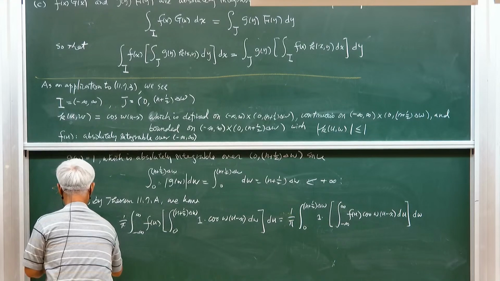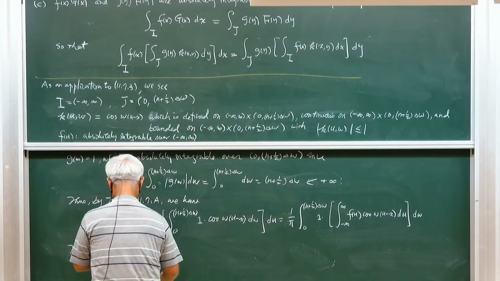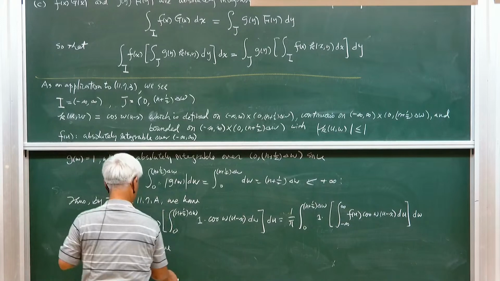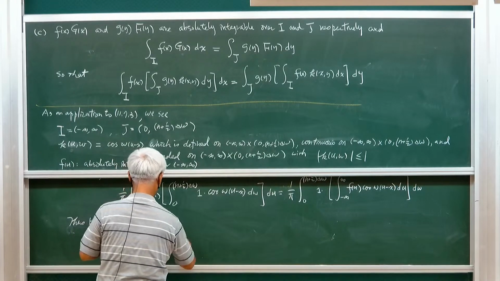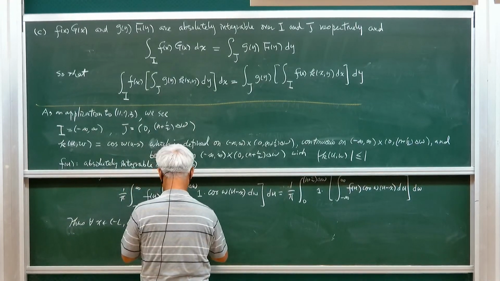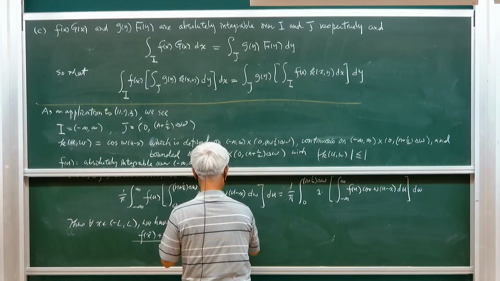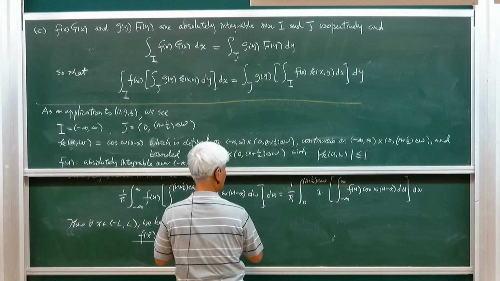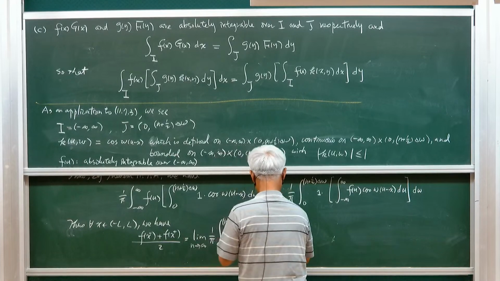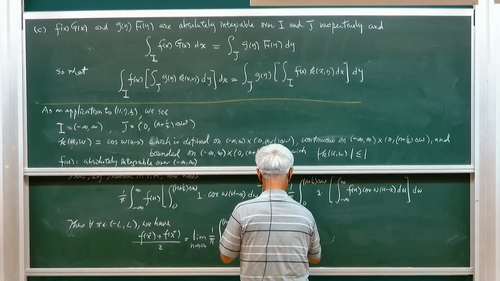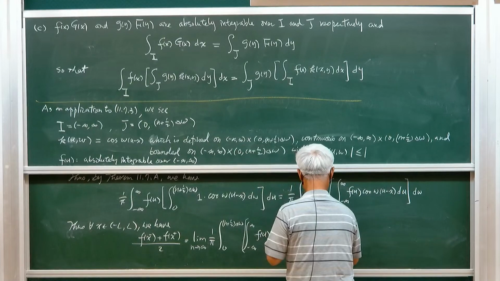So now, for x in minus L to L, we have f of x minus plus f of x plus, divided by 2, equal to the limit as n goes to infinity of 1 over pi, the integral from 0 to n plus 1/2 delta omega of f of u cosine of omega times u minus x, du and d omega.